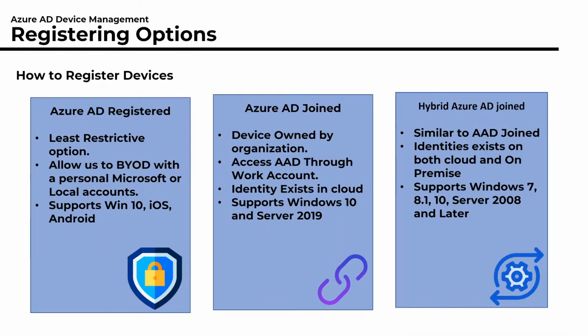So how do we register the devices? We have three different types to register the devices in the Azure Active Directory. The first one is Azure AD registered.